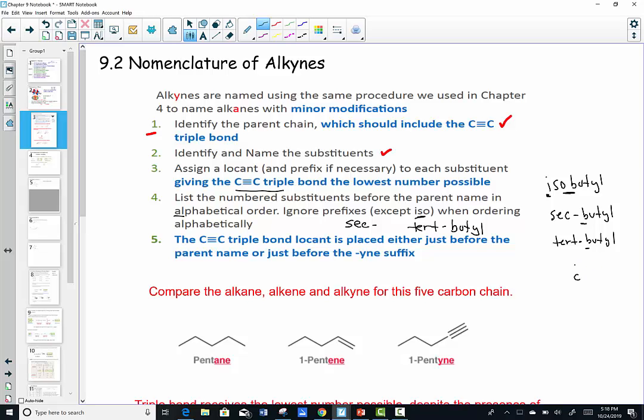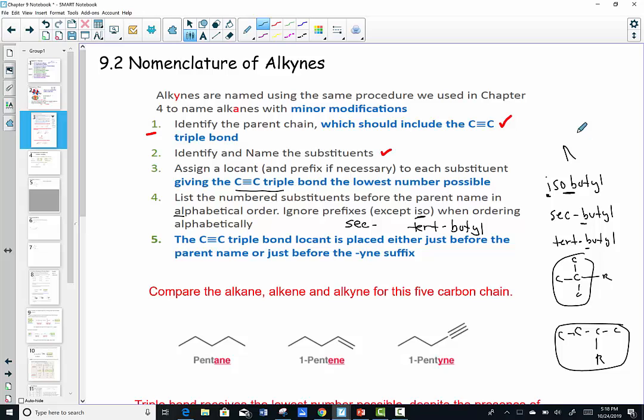So a tert-butyl, if you remember, would have 4 carbons, and then here is the site of attachment. So this, again, is tert-butyl. Sec-butyl, just to remind ourselves, would have 4 carbons, but the carbon is attached to the parent chain at carbon number 2. So that would be sec-butyl.